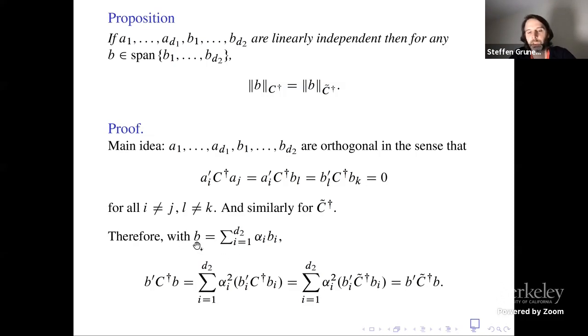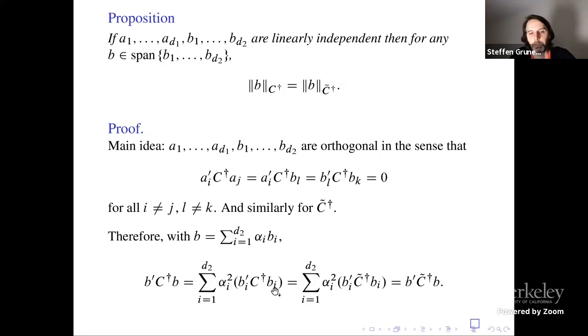Say B, because it lies in the span of the BI, can be written as a linear combination of these guys. And then I can just open up the two sums. Looking at this element here, substituting in the sums on both sides, moving the sums outside, moving the AIs outside, because of orthogonality, the cross terms cancel. I get then a single sum over all the elements in the second epoch with a weighting alpha I squared times BI transposed C dagger BI.